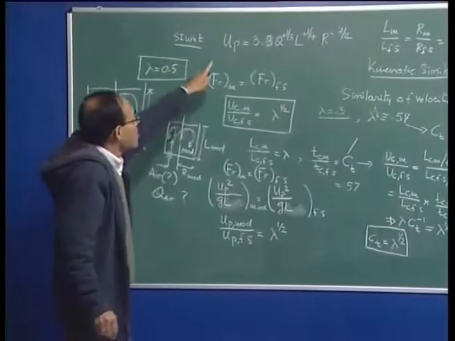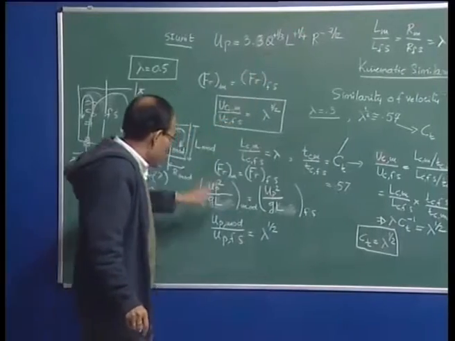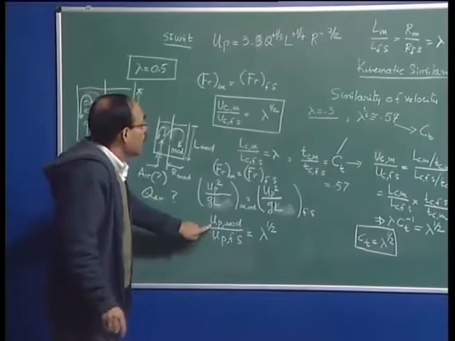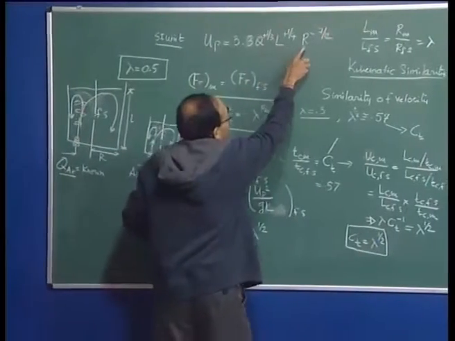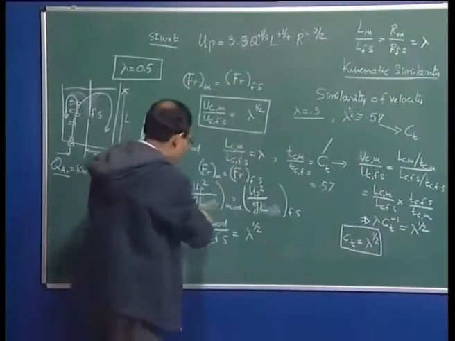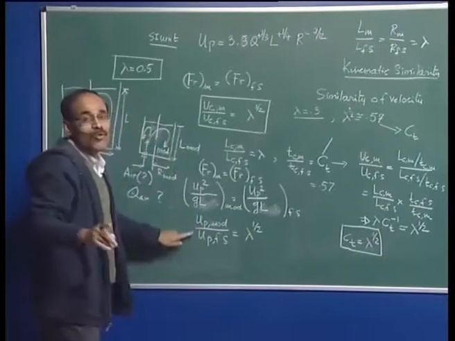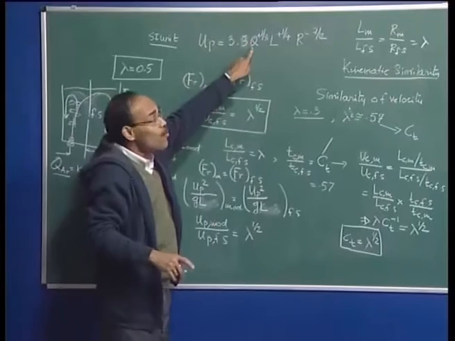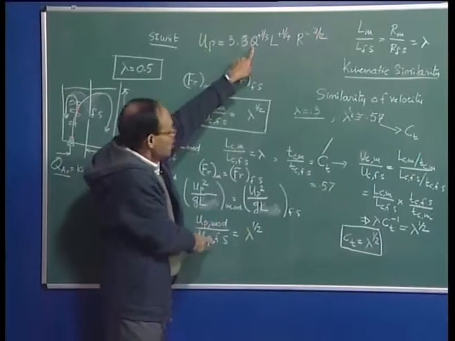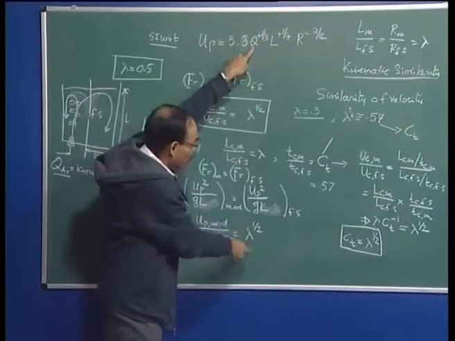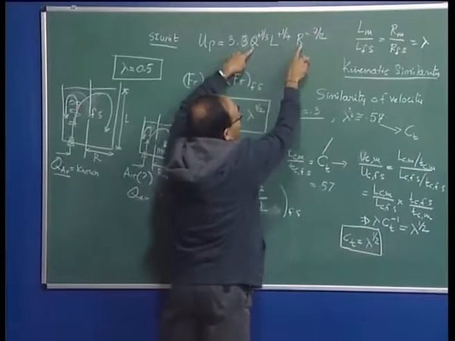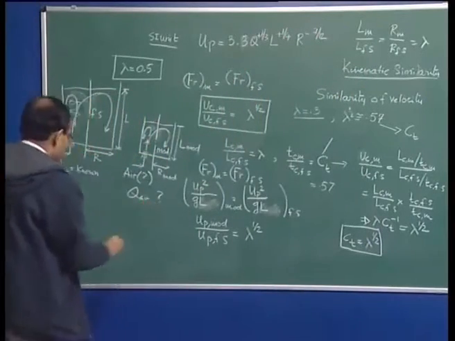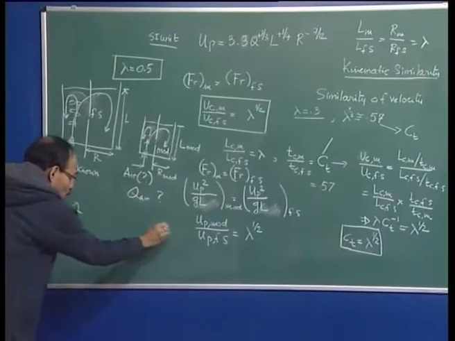So, if I now substitute this into this particular expression, I will be able to replace L and R in terms of lambda, and the entire equation will boil down to an expression relating Q in model to Q in full scale in terms of lambda.